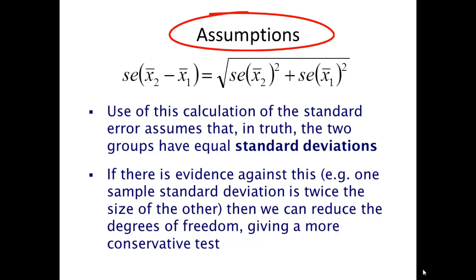With a two-sample test, there is an additional assumption, and that is that the standard deviations in each sample are approximately equal. And we can adjust the degrees of freedom of the T distribution if this is not met. So this is an extra assumption with the two-sample t-test.